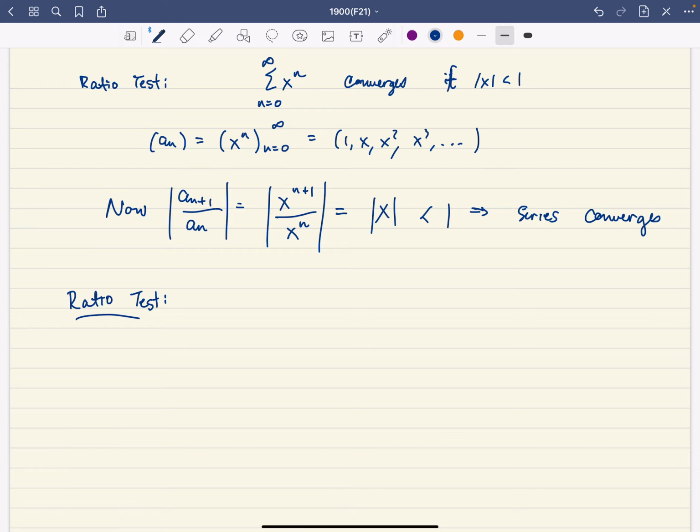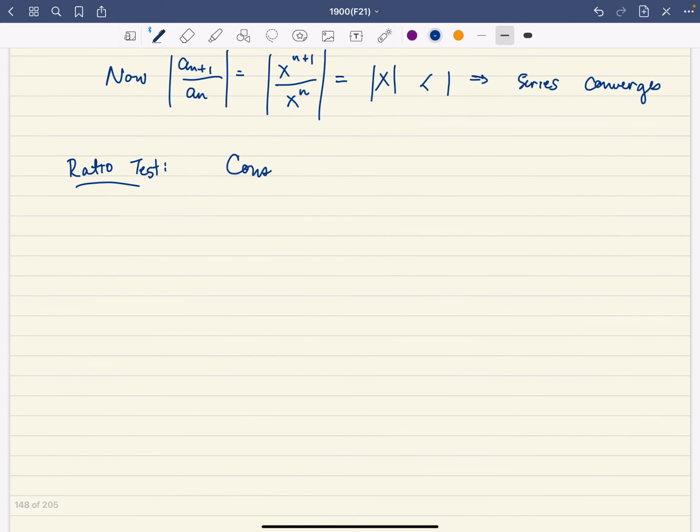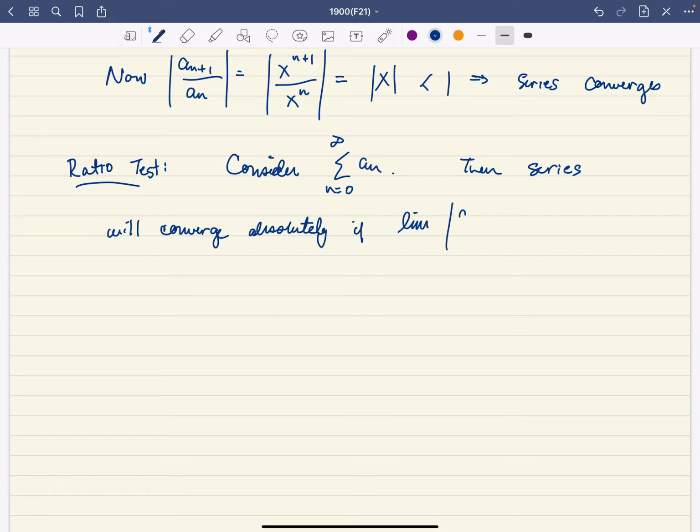So here's what the ratio test says. Consider the series a sub n as n goes from 0 to infinity, or 1 to infinity, or whatever you want. Then this series will converge absolutely if the limit of the absolute value of a sub n plus 1 over a sub n as n goes to infinity is less than 1.